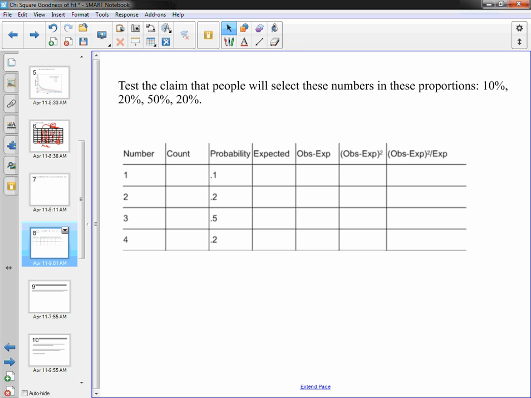So here's what we've got. I've got 0 ones. For 2s, 1, 2, 3, 4 2s. 3s, we've got 1, 2, 3, 4, 5, 6, 7, 8.